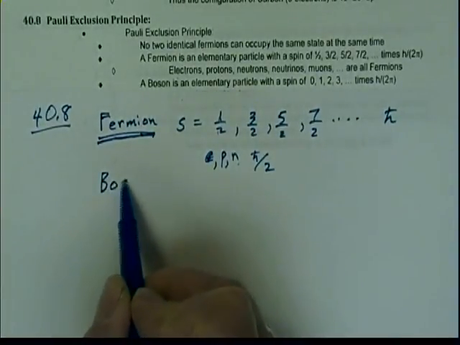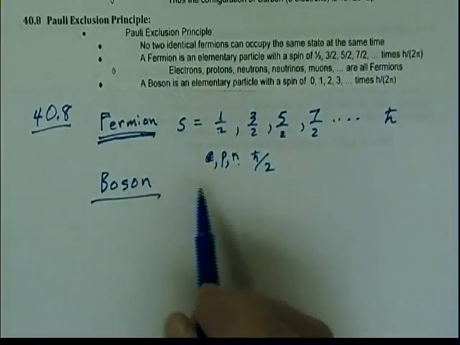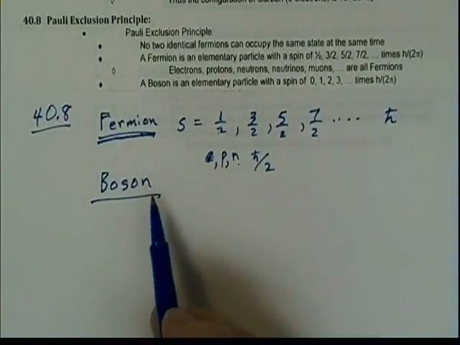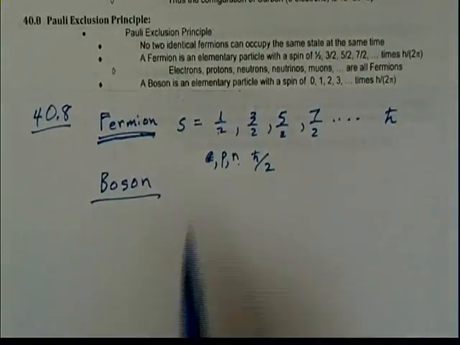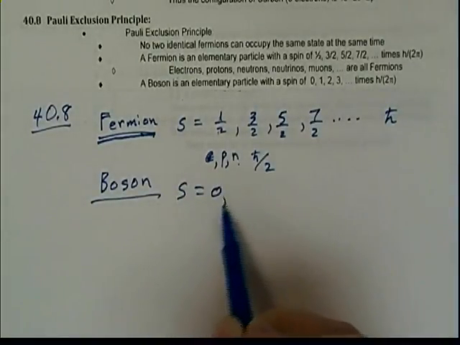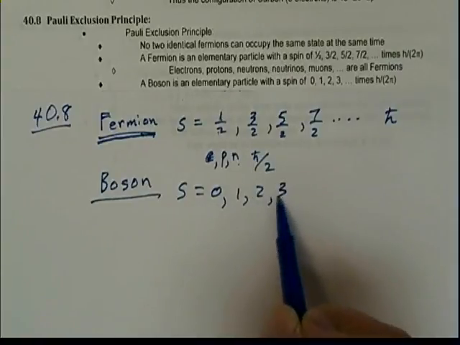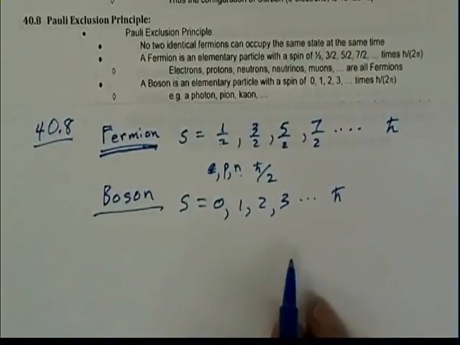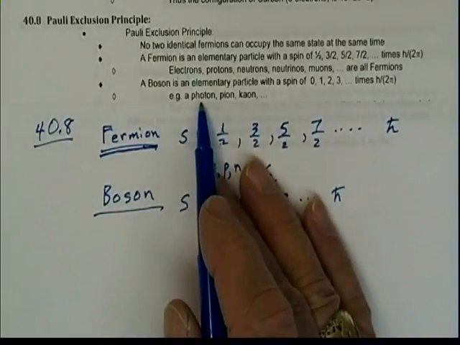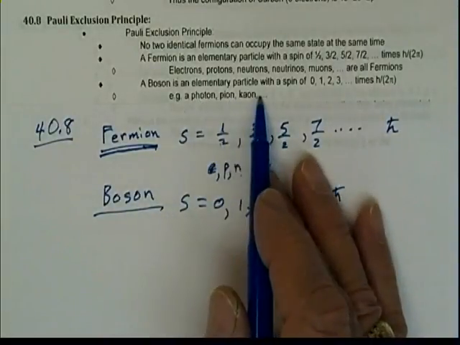A boson, named for the physicist Bose, B-O-S-E, is an elementary particle that has a spin of 0, 1, 2, 3, and so forth times h bar. And the bosons like to be together. Examples are the photon, the pion, the kaon.